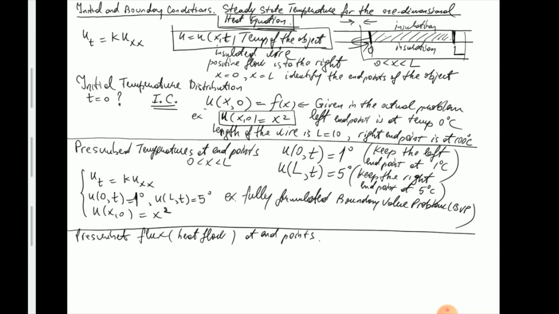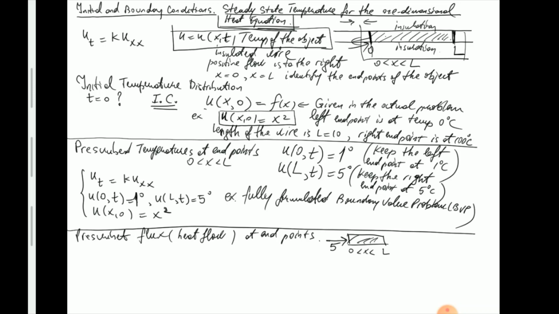So for instance, let's imagine this is the object, again, with x between 0 and L, and let's say that heat enters the left side in the amount of, let's say, 5. Remember, this is a flux, so this will be heat energy per surface area per unit of time.